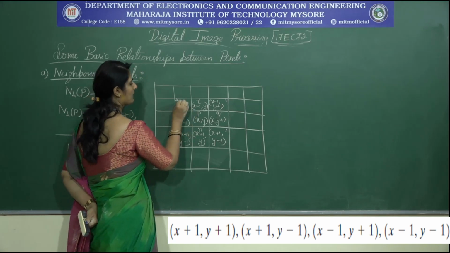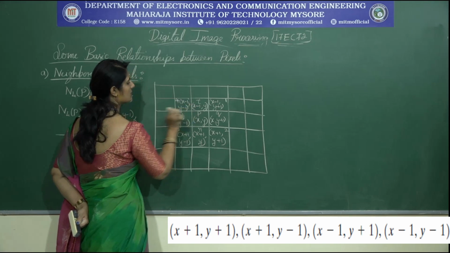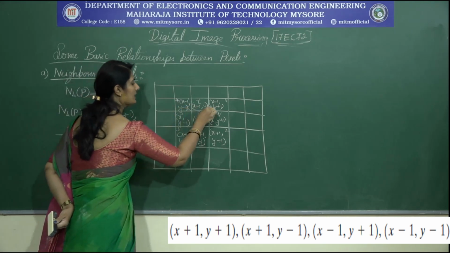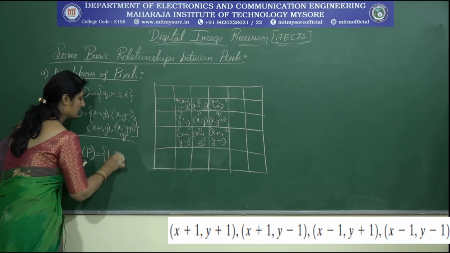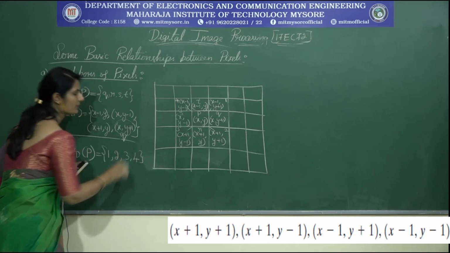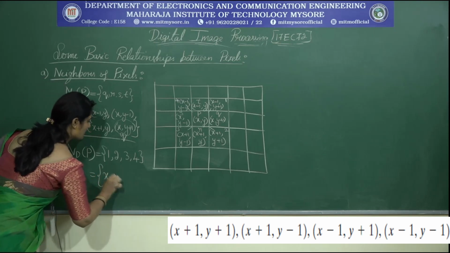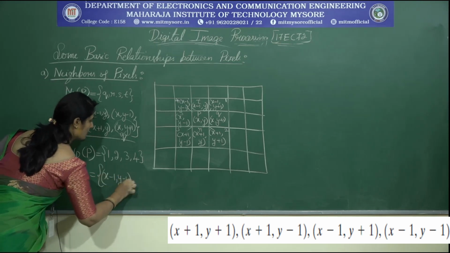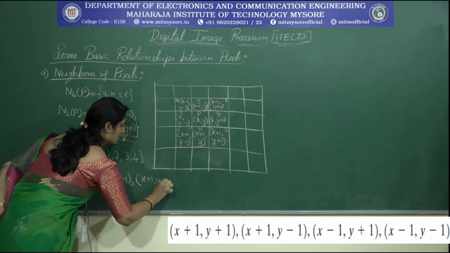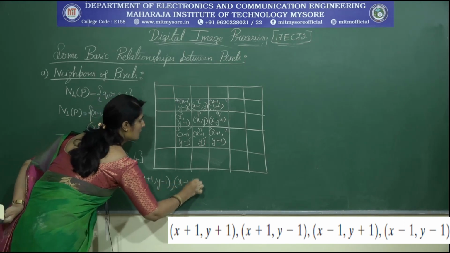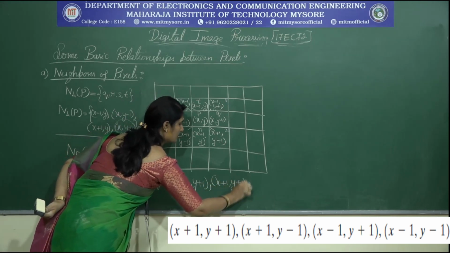So the diagonal neighbors of P are x minus 1 comma y minus 1, x plus 1 comma y minus 1, x minus 1 comma y plus 1, and x plus 1 comma y plus 1.